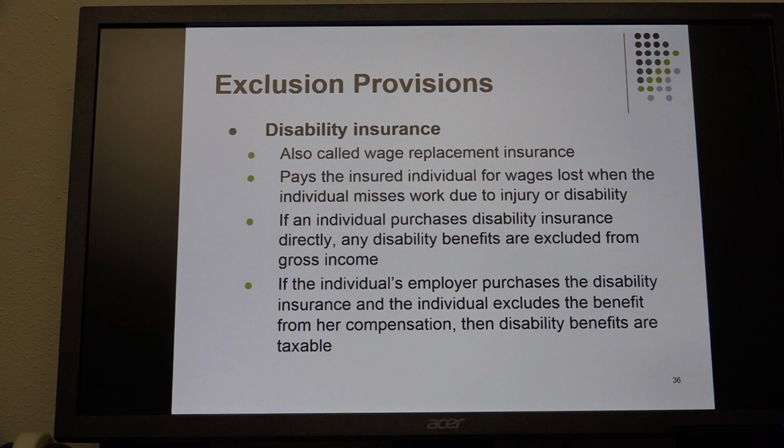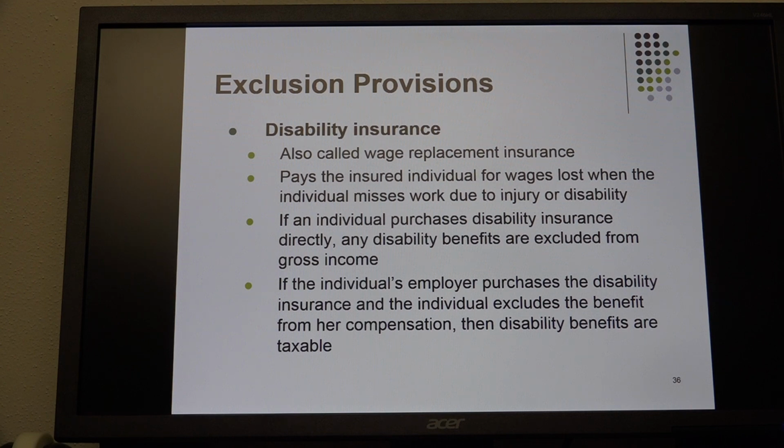The rule is, if an individual purchases the disability insurance directly, any disability benefits are excluded from gross income. If the individual's employer purchases the disability insurance and the individual excludes the benefit from their compensation, so they treat it as a fringe benefit, then the disability benefits are taxable.